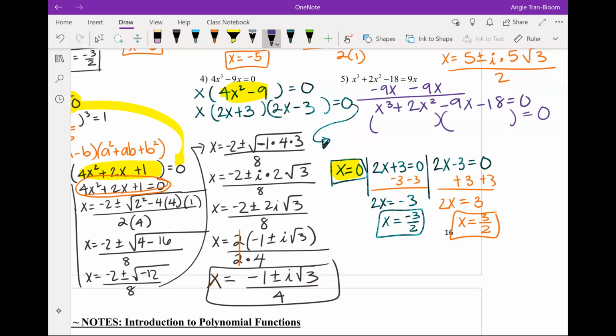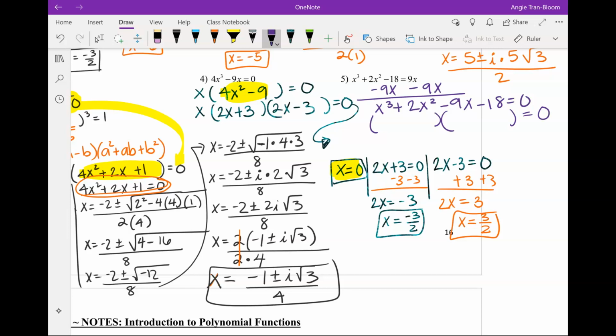Is it factorable? Okay. I'm just looking for other factors, okay? Ready?